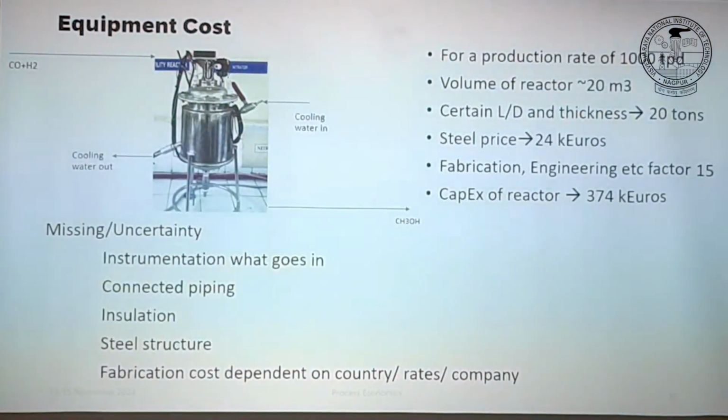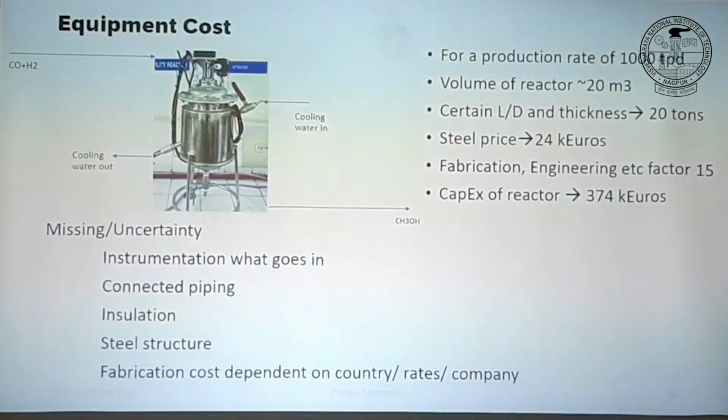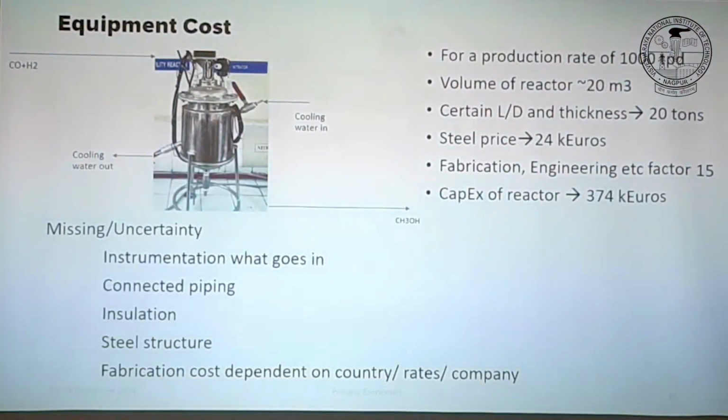So there are different ways. You can simply go out in the market and ask somebody, specifically people who build such equipment, that I want a reactor with this capacity, please give me the price. And he will tell you, come back in 2 weeks, I will estimate. And before you leave, he says, give me 10,000 rupees even for estimating it.